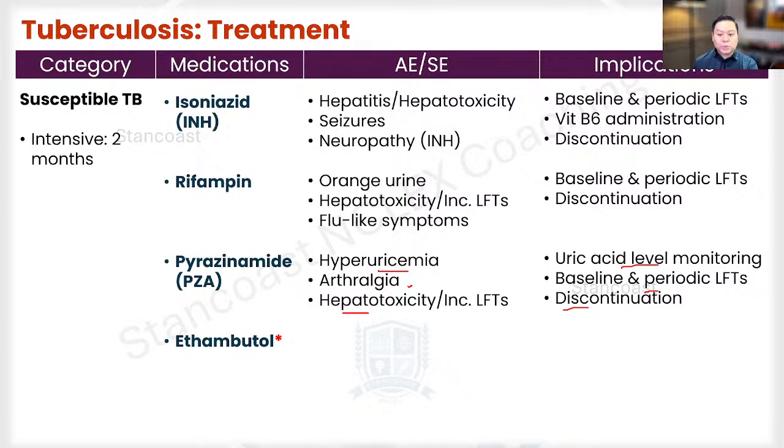Now, for the PZA, this is somewhat a little bit tricky, especially in the treatment of susceptible TB. So for example, after 2 months that the patient has been continuously taking the PZA for the susceptible TB type, then the pyrazinamide can be discontinued.